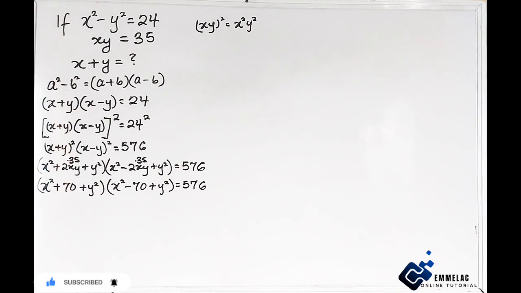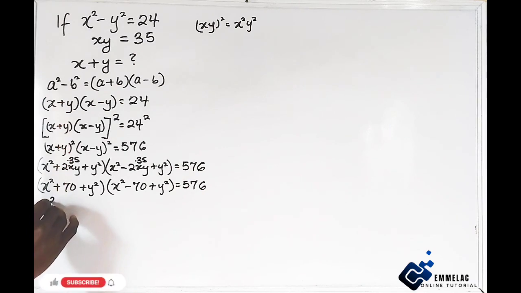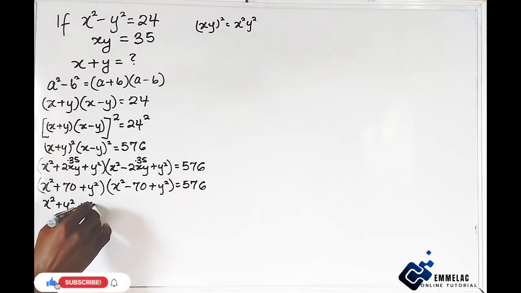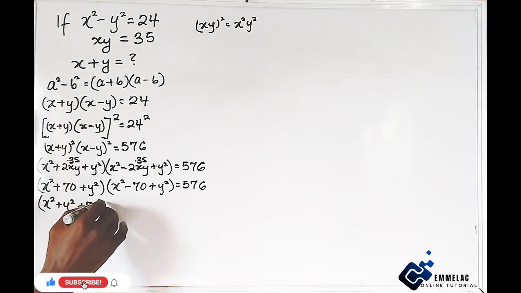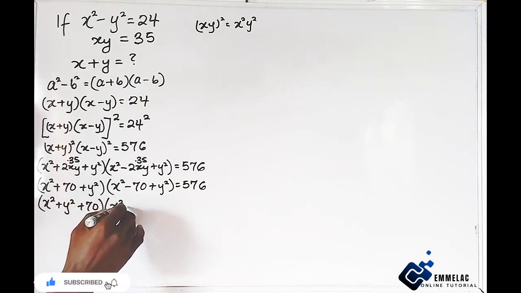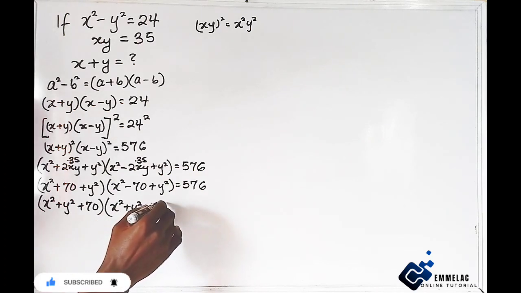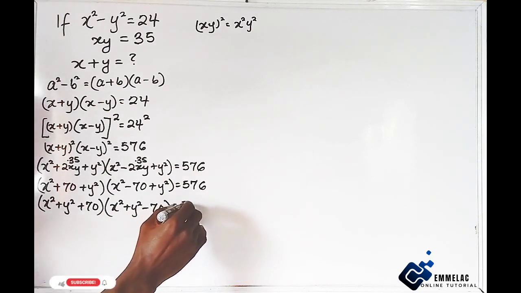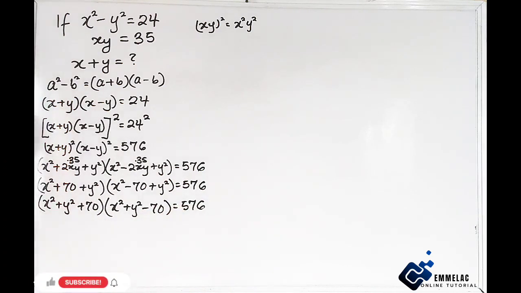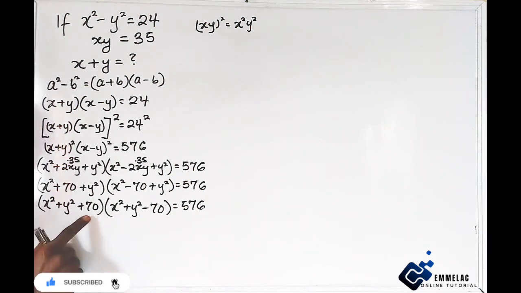So looking at this, let us do it like this: x raised to the power of 2 plus y raised to the power of 2 plus 70, into x raised to the power of 2 plus y raised to the power of 2 minus 70, equals 576.